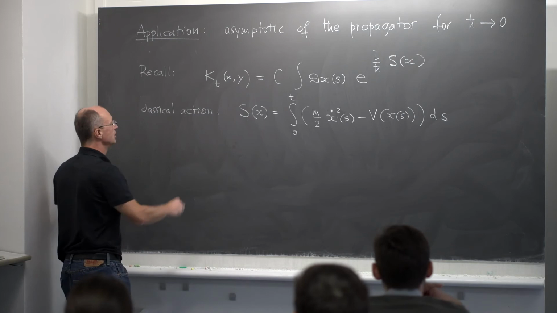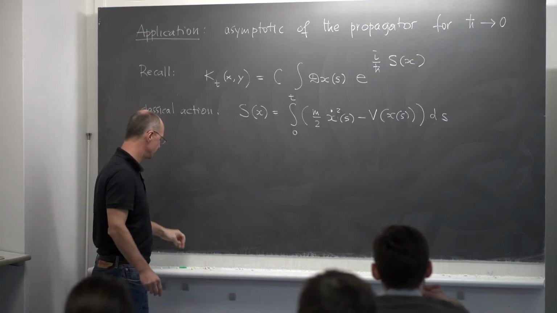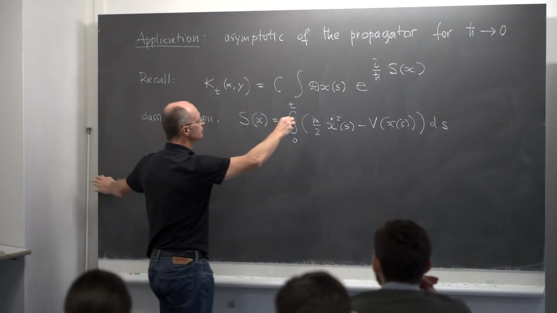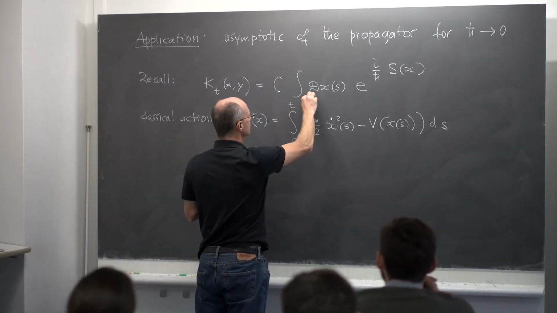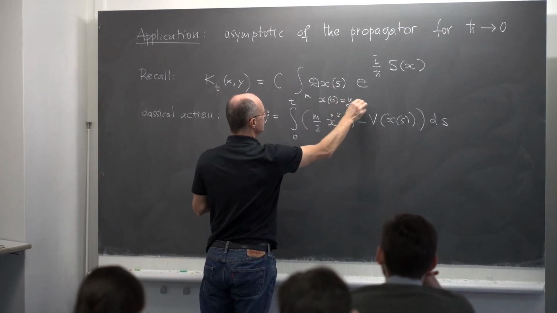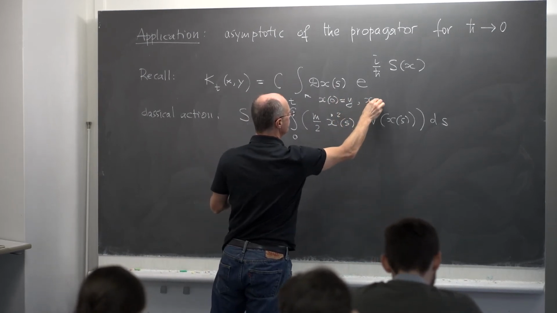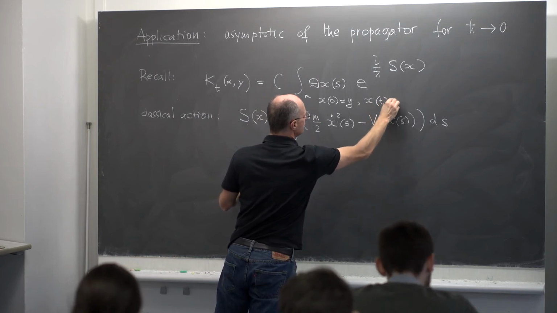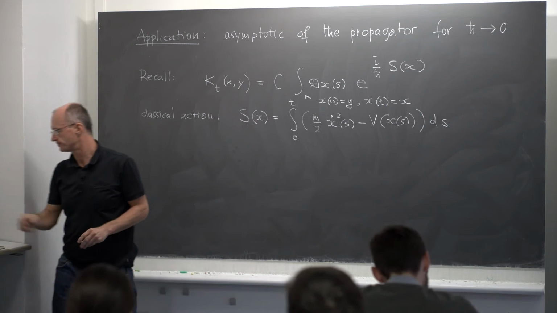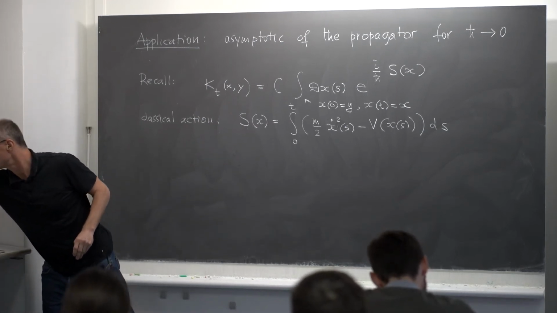So first of all, let's look at this expression S of x. And here I should probably add that we are looking at trajectories which start at the point y and which end at the point x. And these are the two arguments of the propagator.